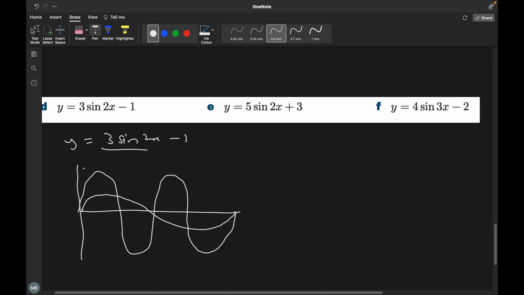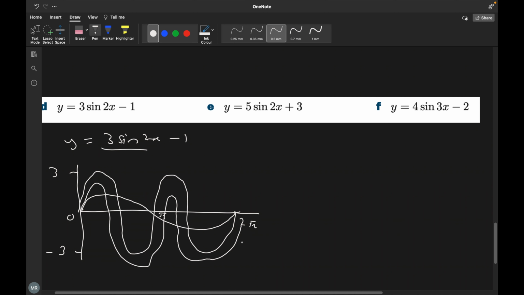This is because this is 3, this would be minus 3, and the period is pi. So this would be 2 pi, this would be pi, and this would be 0. Now we just have to translate this 1 unit down. It looks something like this. It's not perfect, but I hope you get the idea.